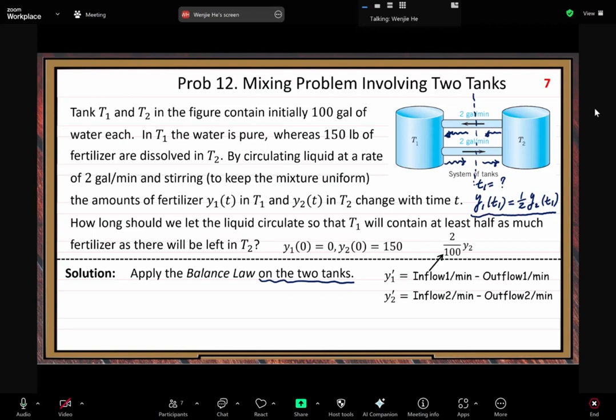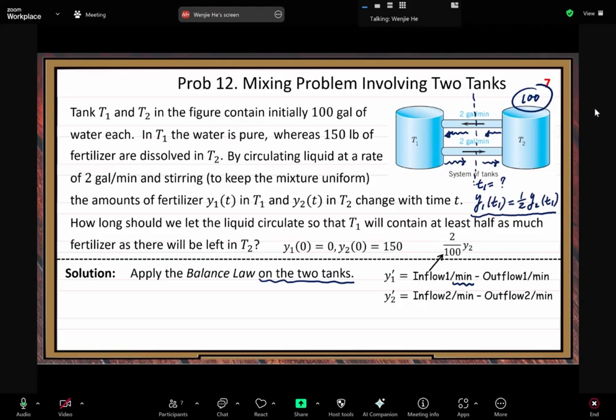Let's look at the rate in each minute. In each minute, 2 gallons of mixture flows into T1 from T2. But that's 2 gallons of 100 gallons, right? The total quantity of the mixture in T2 is 100 gallons.